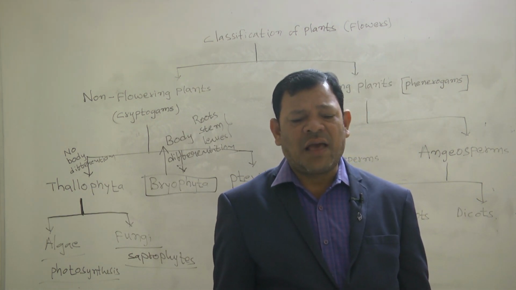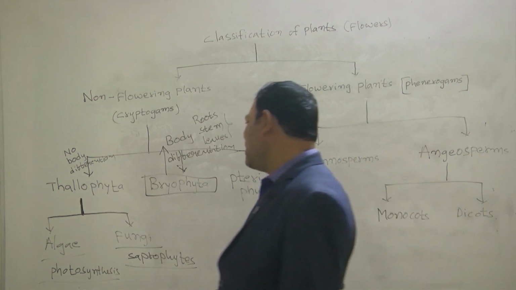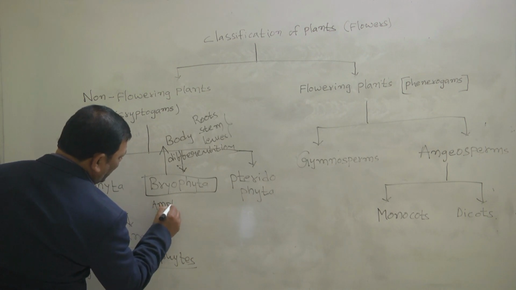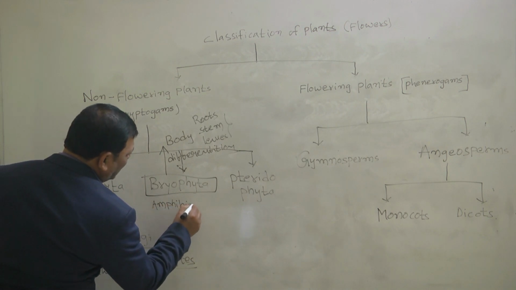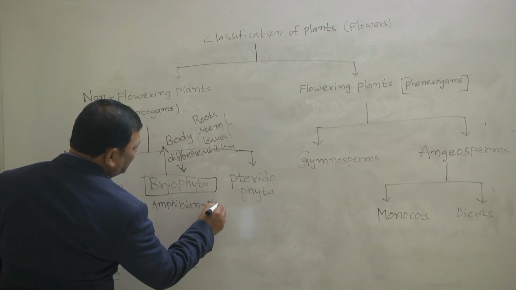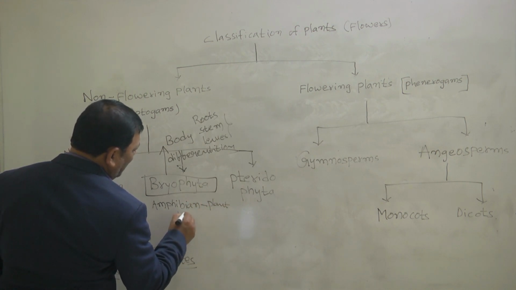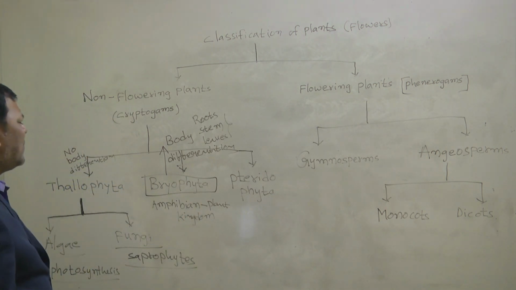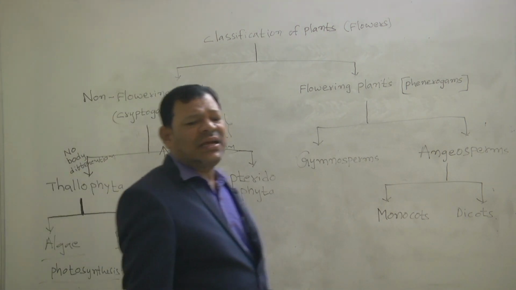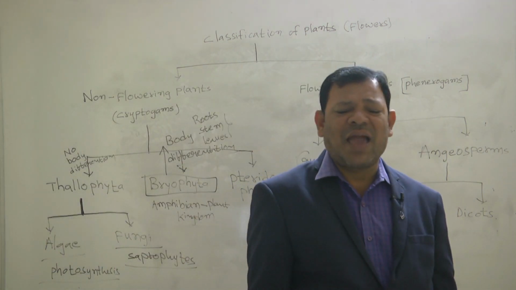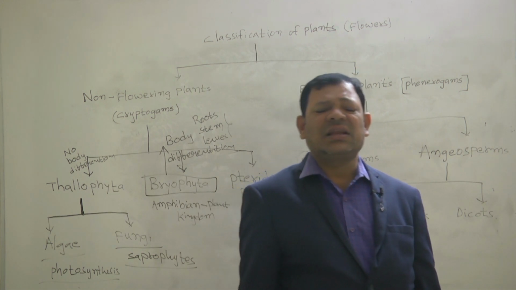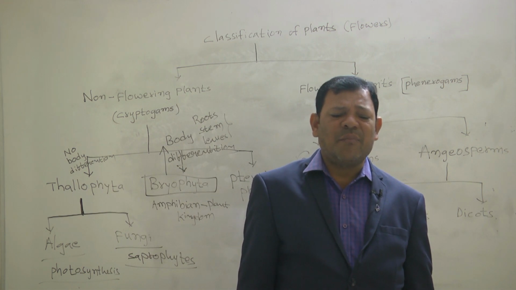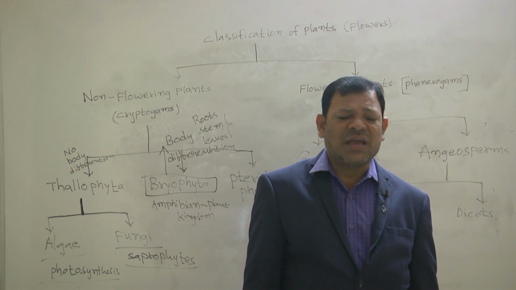What does it mean? Among animals, the organisms that can live on land as well as in water are called amphibians. The frog belongs to the amphibians.